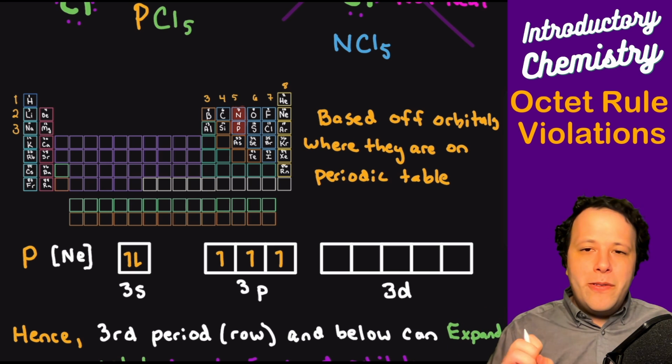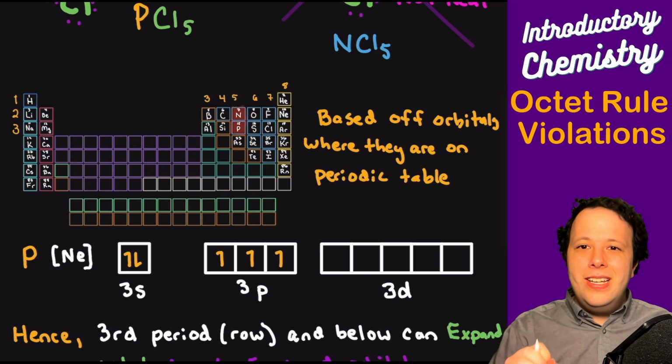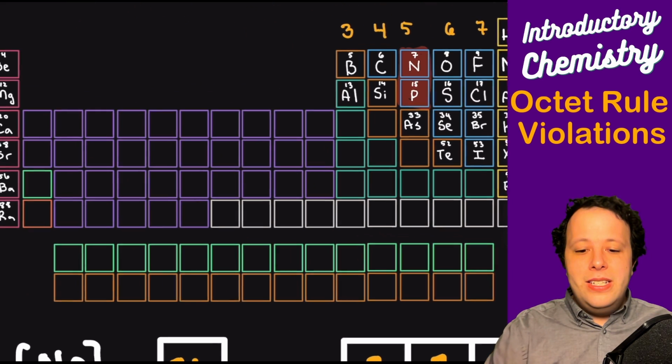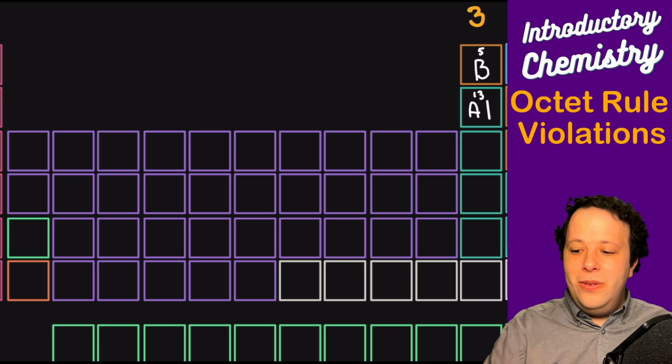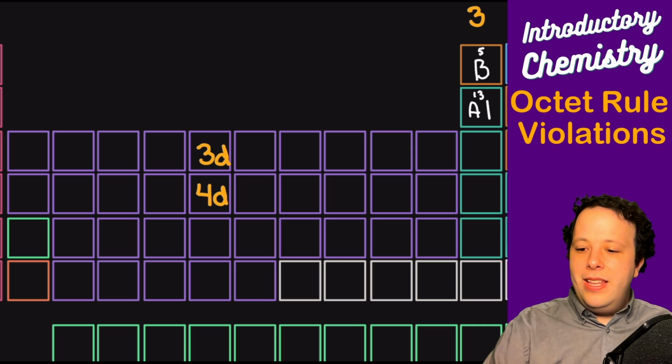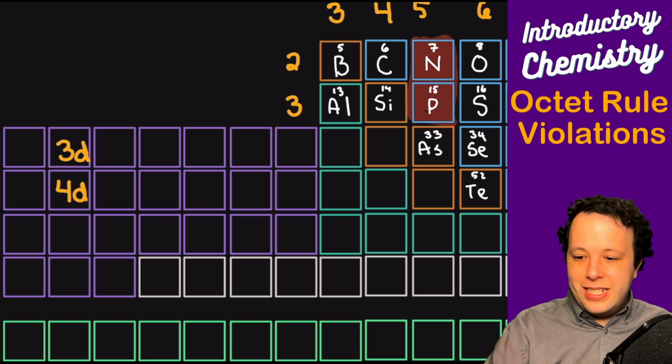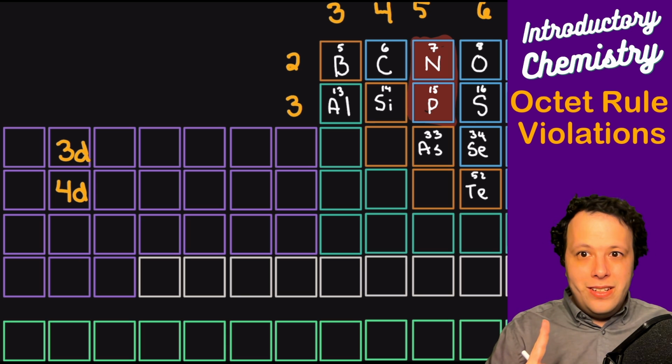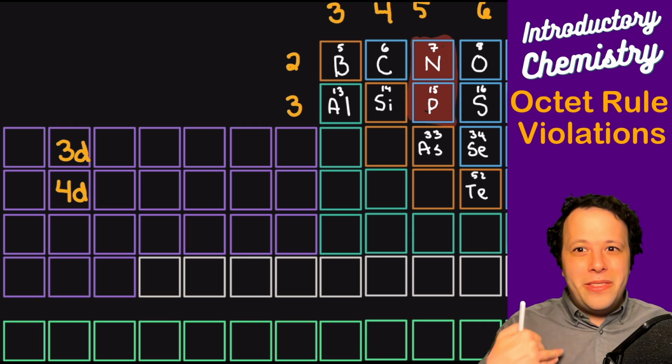If you remember from electron configuration, what is your first d level? Notice how the d level is 3d here, and this is 4d. This was the third row, where phosphorus is. That's important, because it tells you that on the third level, the d electron orbitals are there, but they're vacant.